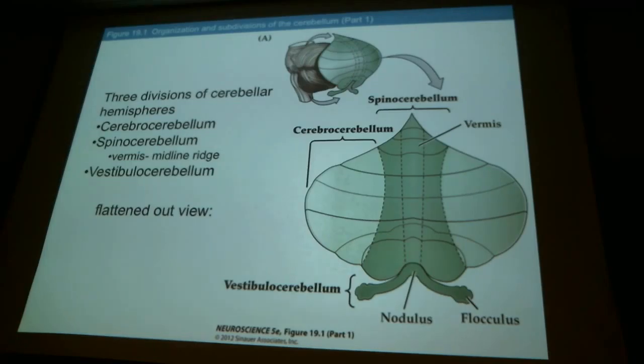So there's three main components here. You have what's called the cerebrocerebellum, so cerebral-like cerebellum, which is on the lateral parts of the hemispheres. You have what's termed the spinocerebellum, which includes the vermis, but also a little bit of the hemispheres, so this middle strip here. And then this little appendage down here is the vestibulocerebellum.